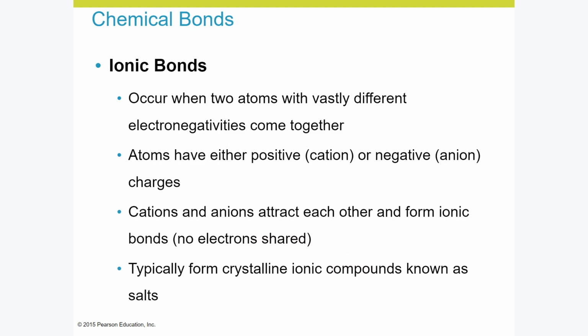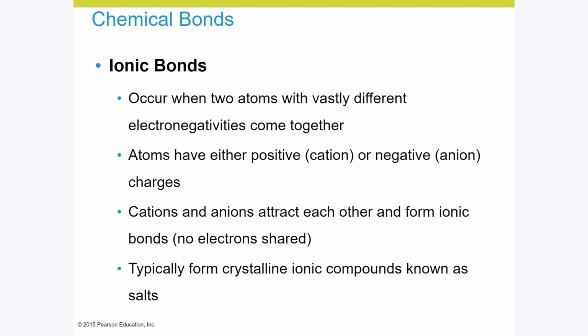So the other type of bond we're going to talk about is ionic bond, because they're iconic. It occurs when two atoms with vastly different electronegativities come together. The atoms either have positive, so they're a cation, or negative, where they're an anion, and they have those charges.